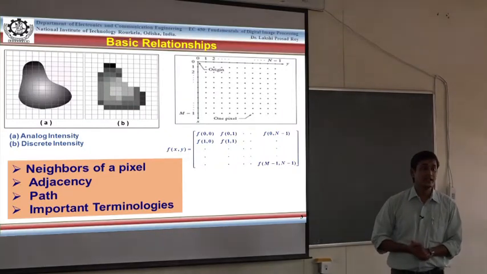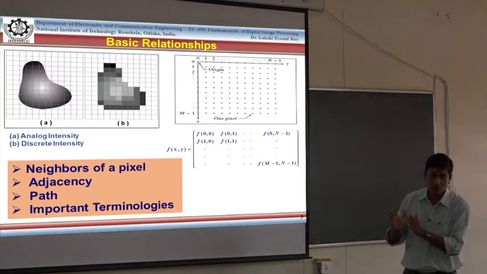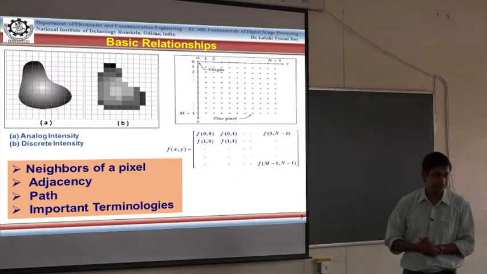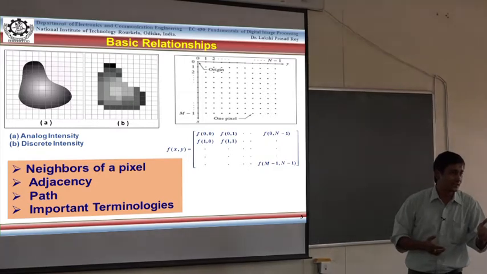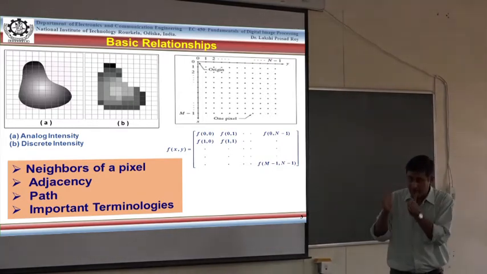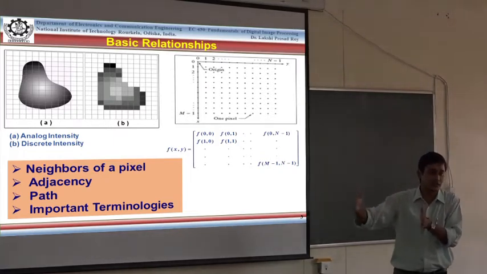Now if I want to find their relationship, some criteria should be there with respect to which I will find the relationship. Those relationships can be of anything, like their location with respect to the pixel, distance should not be more than a particular unit, or intensity should not vary beyond a particular limit.